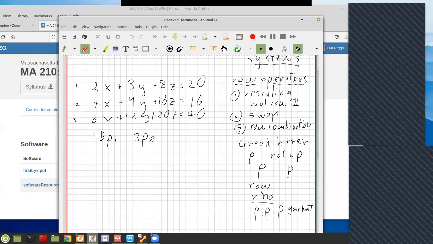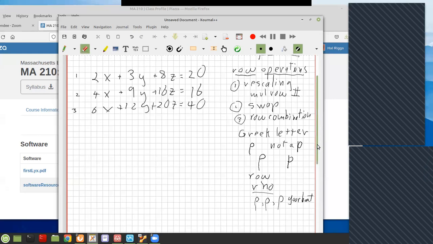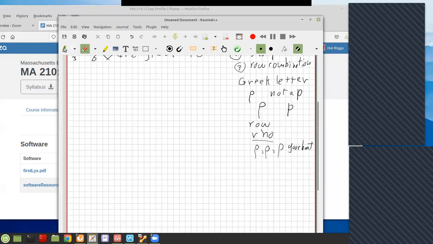So I need to put my linear system here. Okay, so multiplying row 1 by the number 2, that's an example of our notation for a row rescaling operation. Our row swap operation would be rho 1 and 3. This swaps rows 1 and 3.